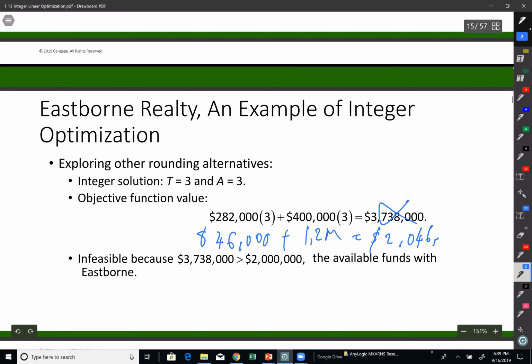So that's the cost that we are talking about, 2.046. So we are short by $46,000. So this is not a feasible solution. Of course, if we borrow $46,000 from someone somehow, this solution will be feasible. But at the moment, $2,046,000 is greater than 2 million. So that's why this is an infeasible solution.